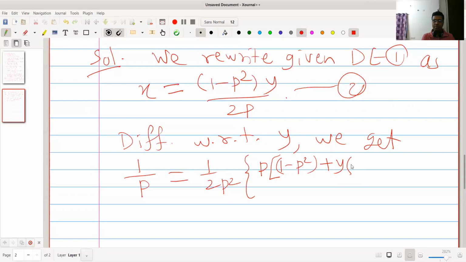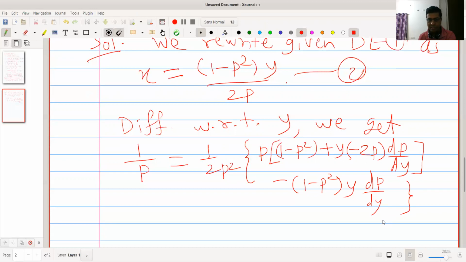So it is minus 2p into dp by dy. So the denominator into the derivative of the numerator, minus the numerator (1 minus p square) into y, into the derivative of the denominator, dp by dy.